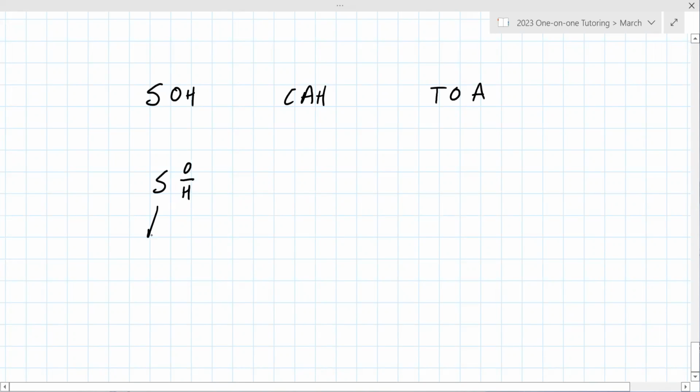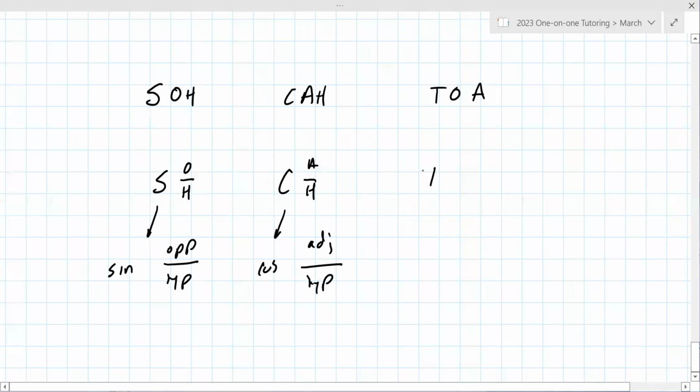So what this means is S is for sine, the O is the opposite, H is the hypotenuse. CAH, C is for what's called cosine, A stands for adjacent, H is hypotenuse. T stands for tangent, O stands for opposite, A stands for adjacent.